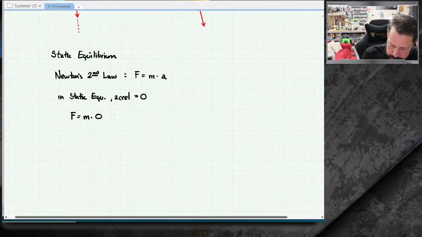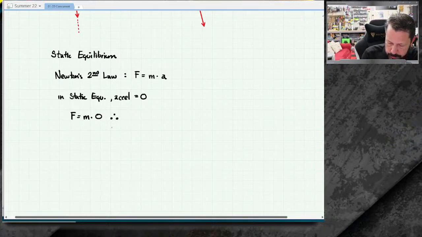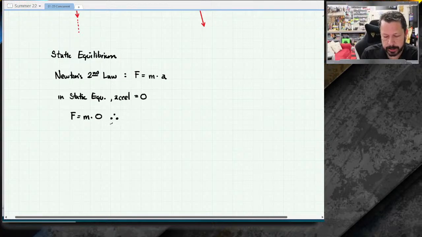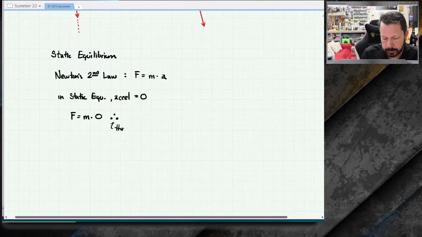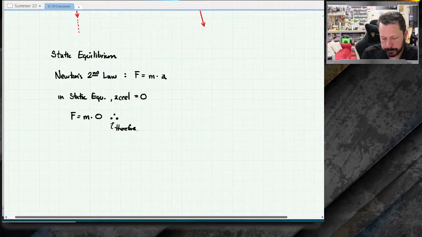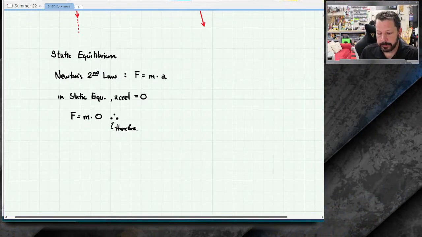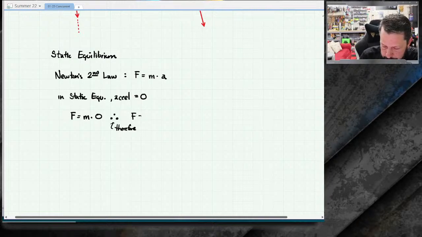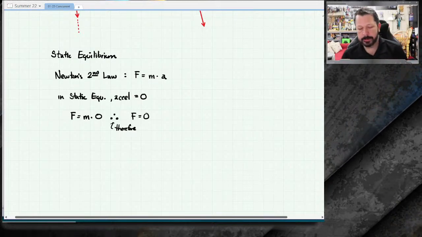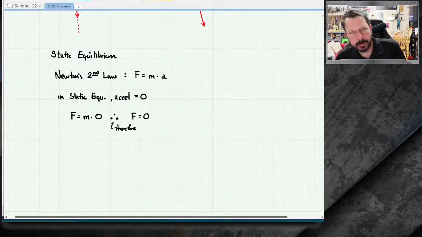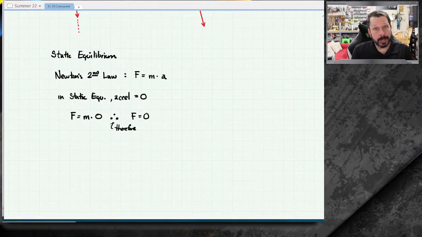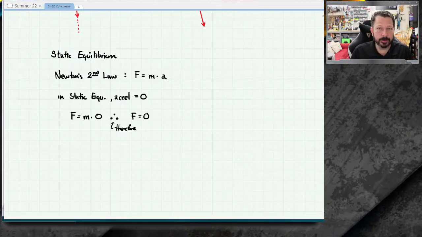So it says, this is my little, these little 3 dots in a triangle, that's the word therefore. So if F equals mass times 0, therefore F equals 0. So that's weird, because we know we can push on things and apply a force, or it has a body force, it weighs something.